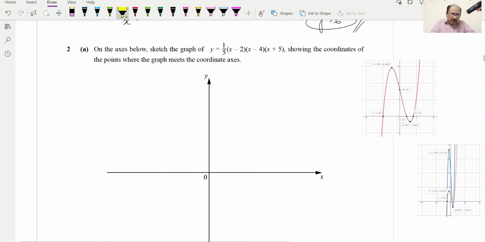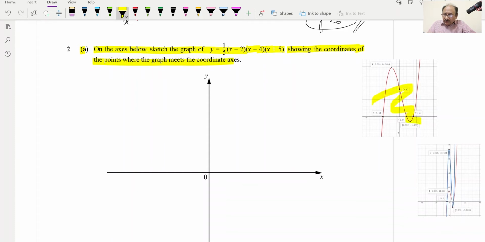Question number 2, part A, says: on the axis below sketch the graph of y is equal to 1 over 5, x minus 2, x minus 4 and x plus 5, showing the coordinates of the points where the graph meets the coordinate axis.